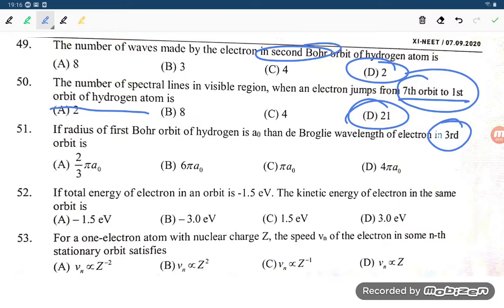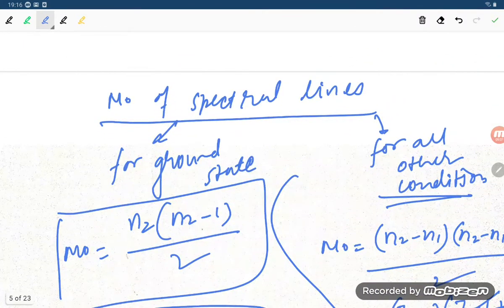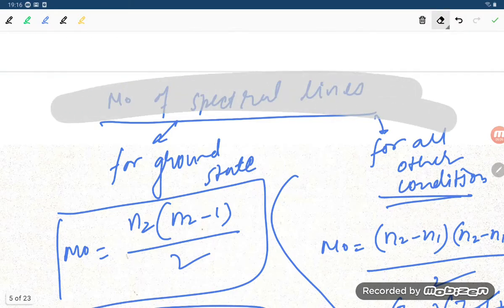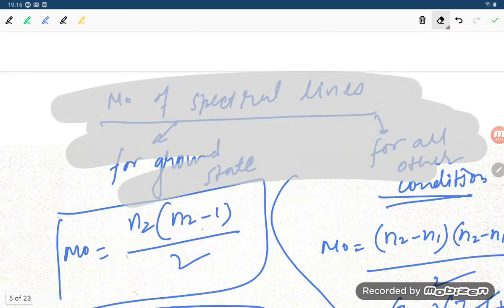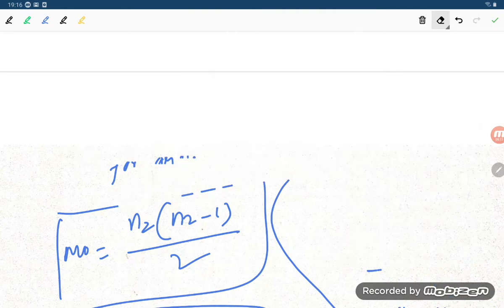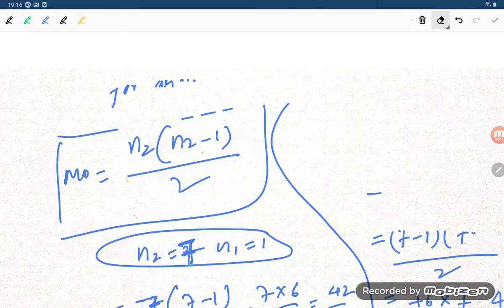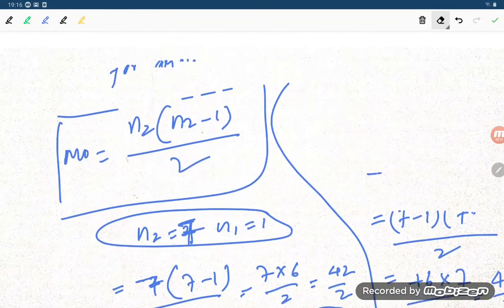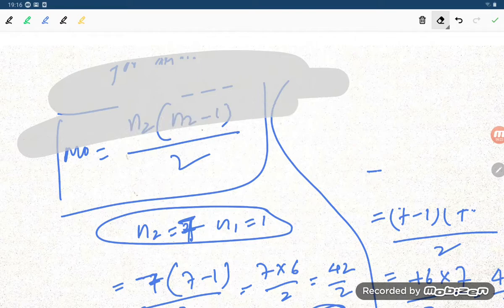Let us try this one. I am doing question number 51 here on the bottom. Firstly let us erase this out. I need to erase everything, student, because the space required is quite more.